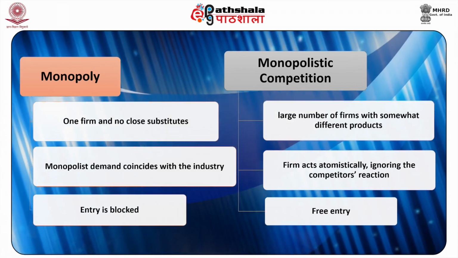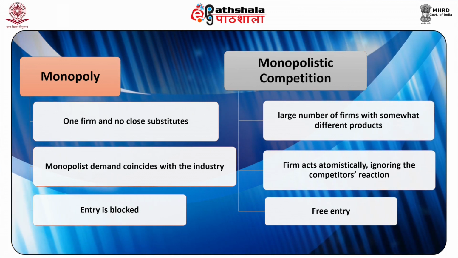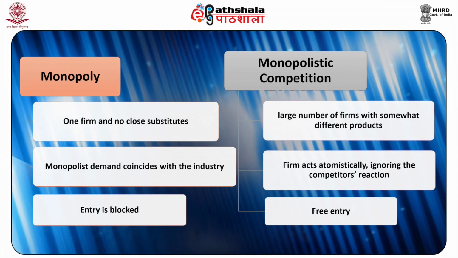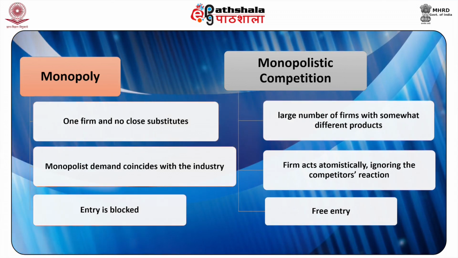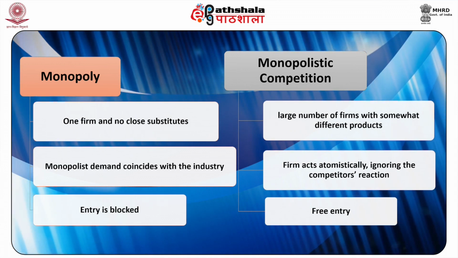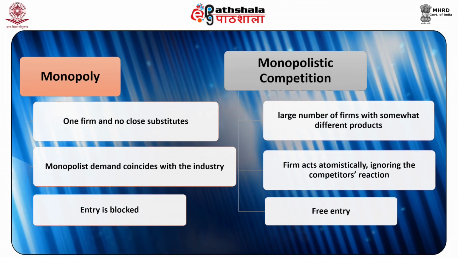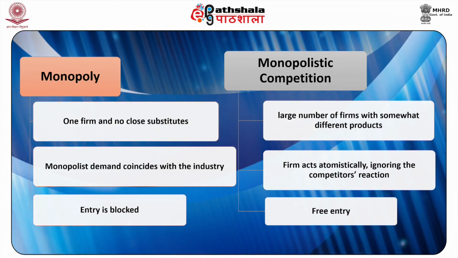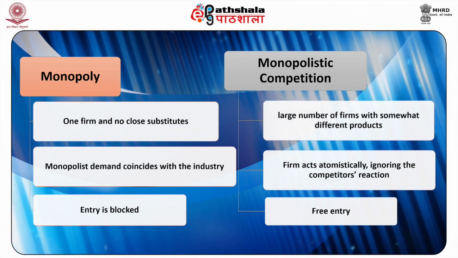We also have what is called monopolistic competitive market structure. In such a market structure, there are very large number of firms, but the product is somewhat differentiated. Hence, the demand of the individual firm has a negative slope, but its price elasticity is high due to the existence of close substitutes produced by other firms in the industry.